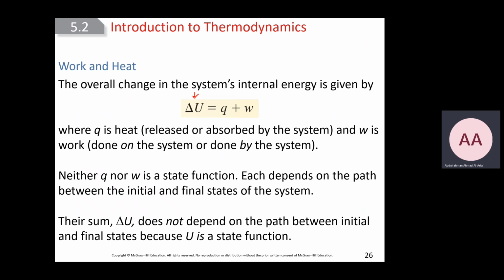But there's another way to state the first law of thermodynamics: the internal energy change must equal Q plus W. Any energy lost in Q and work will be gained by delta U.